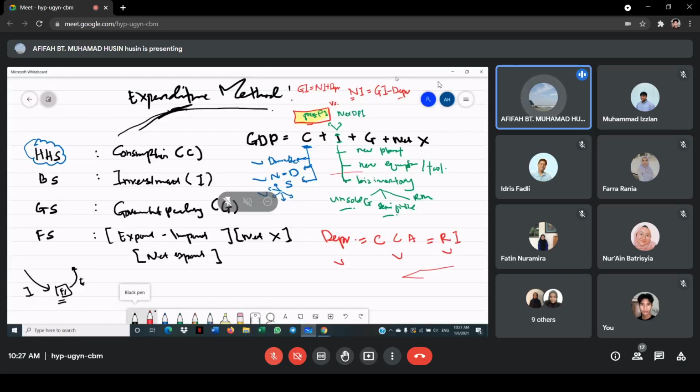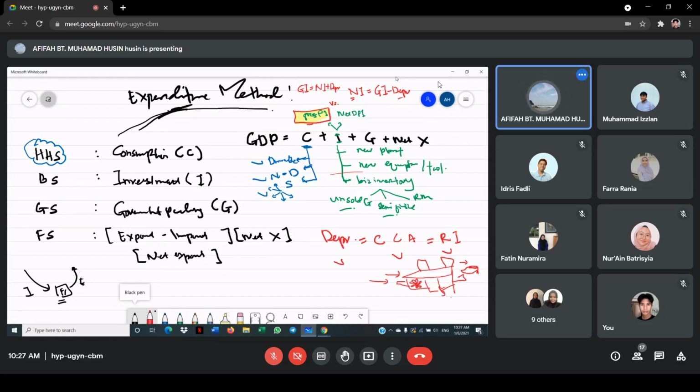Let's say you ada mesin besar. Mesin ni untuk buat kasut misalnya. Besar sangat mesin ni. You masukkan raw material kat sini, dah keluarlah kasut you kat sini. Okay, high heel. So if one part, let's say the cooler fan kat sini rosak misalnya, adakah kita akan beli mesin baru?